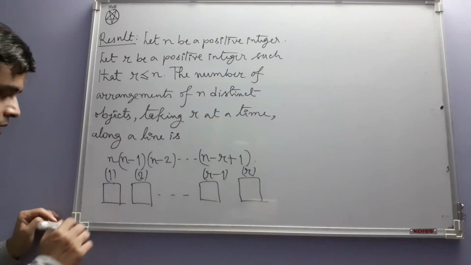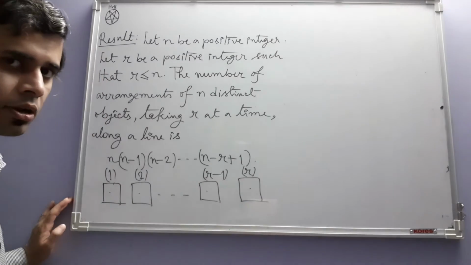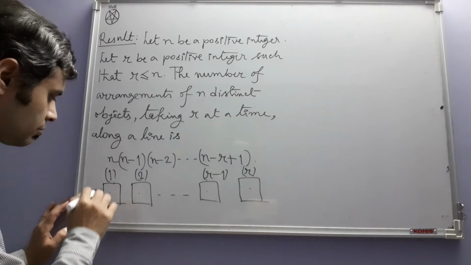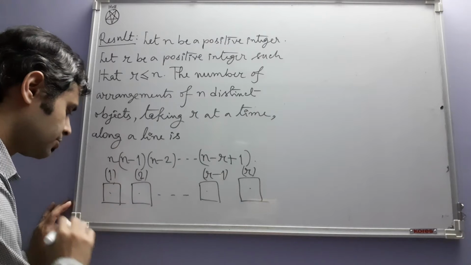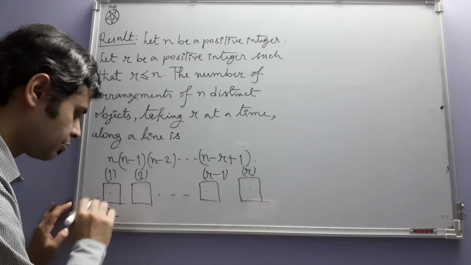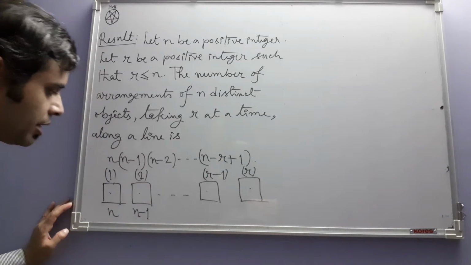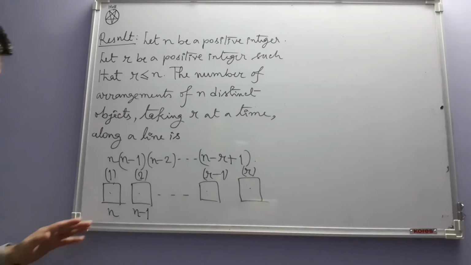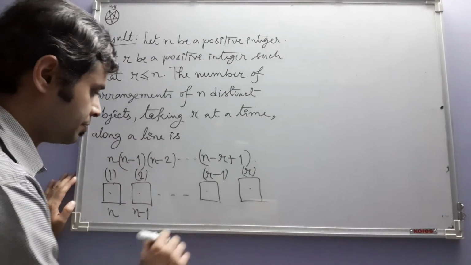Now, same as before, you start applying the principle of counting. We have n distinct objects, so for the first box we have n choices. Same for the second box, once a choice has been made for the first box, the second box can be chosen in n minus 1 ways, or it can be given n minus 1 objects, any one of them.